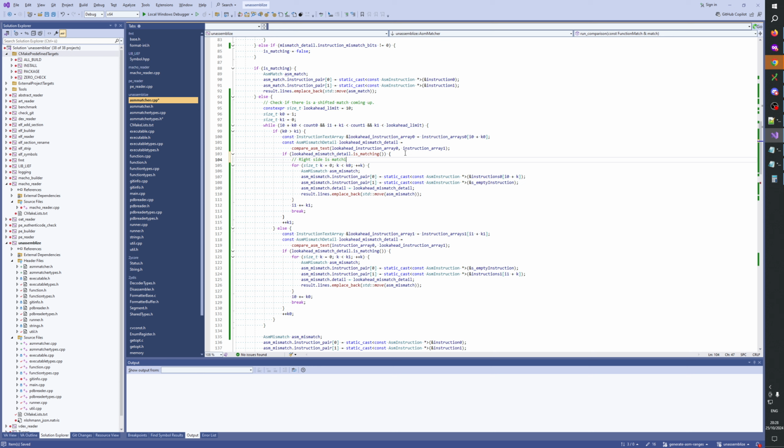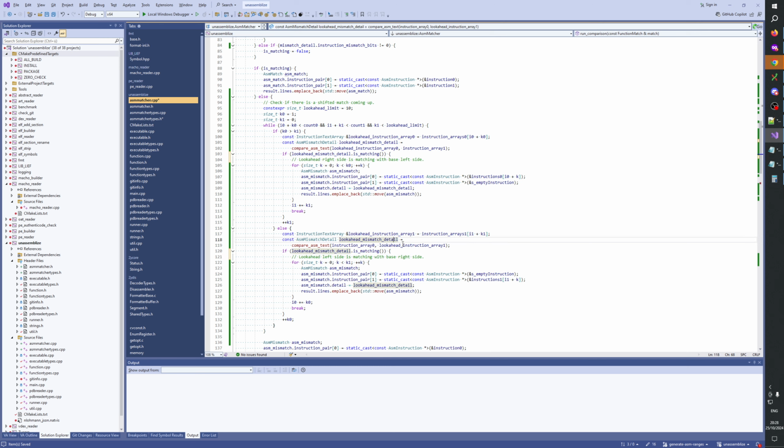Right side is look ahead, right side is matching with base left side. Look ahead, left side is matching with base right side.